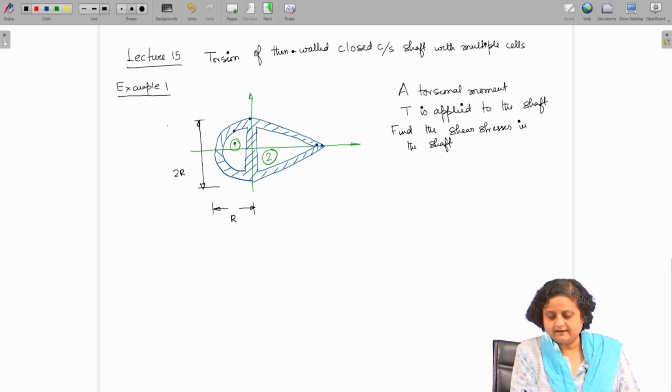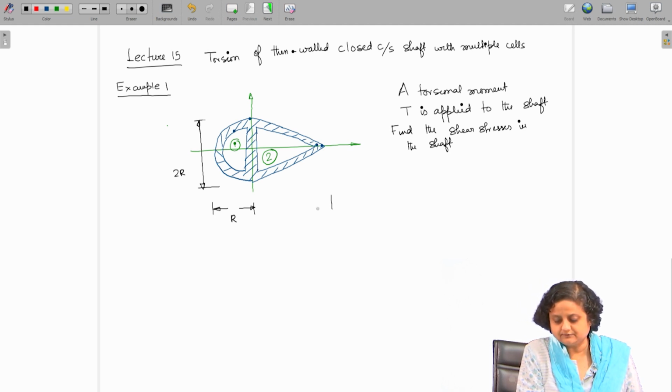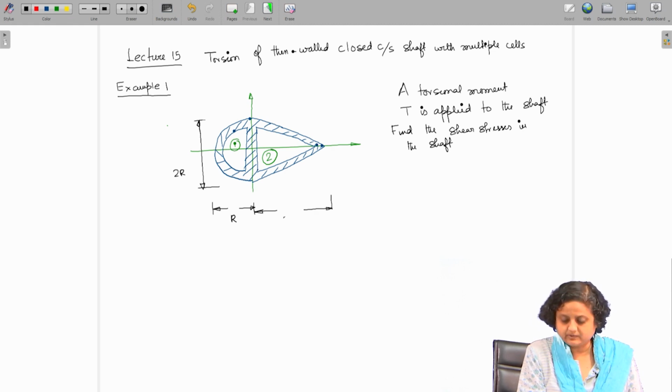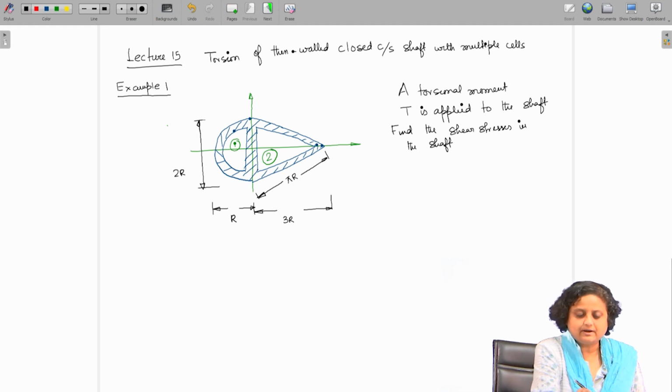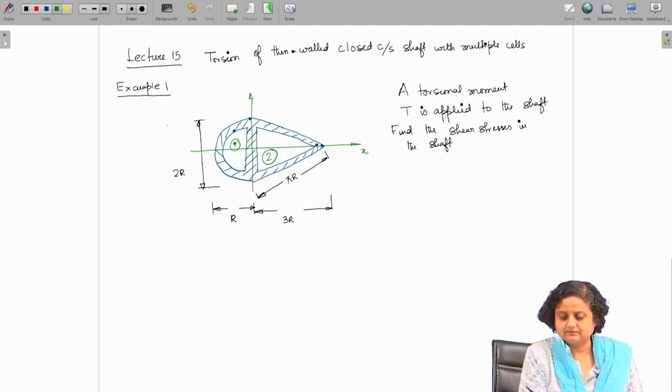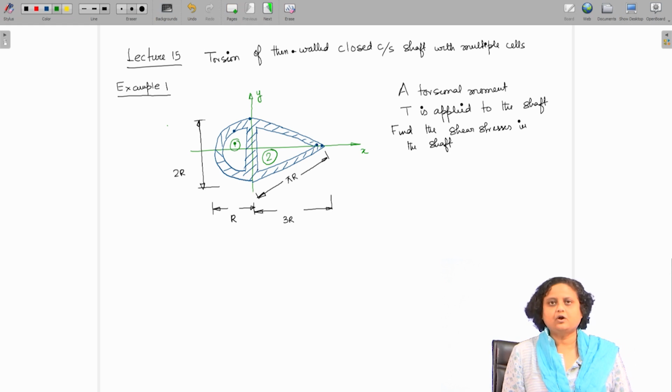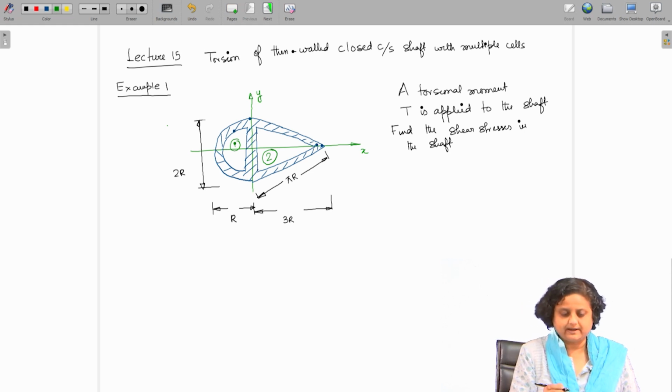Then the horizontal length of this portion is 3r, and the slanted side of the triangle is pi r. The cross section is symmetric about the x axis.